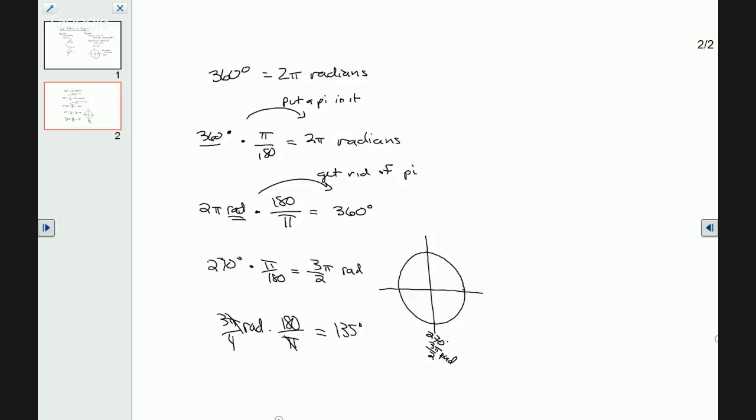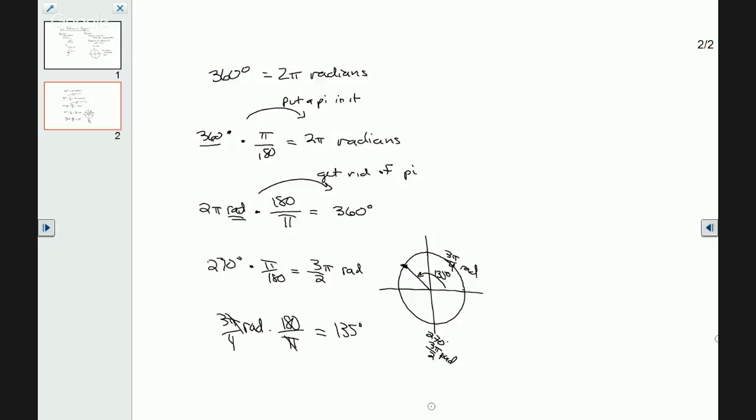Okay. And that would be right here. Right. Most people are pretty comfortable with that. You think you can handle it? Converting from radians to degrees? And back. Okay.